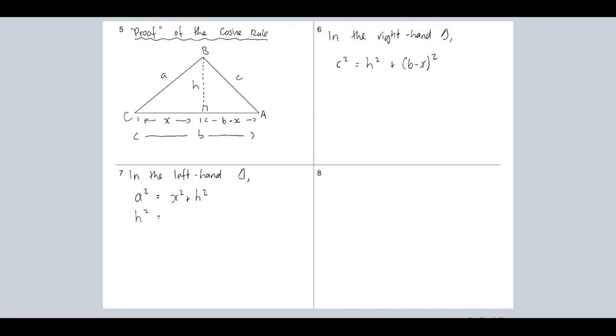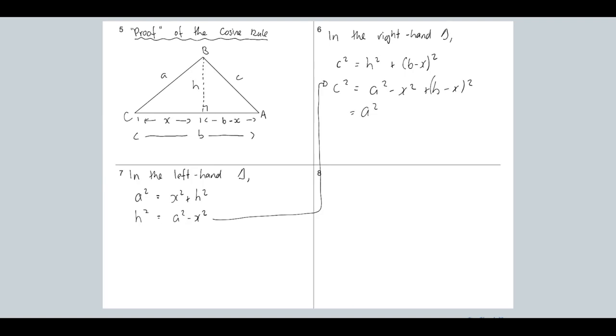So h squared is equal to a squared minus x squared. That means c squared equals (a squared minus x squared) plus (b minus x) all squared. Yeah? So I've just replaced h squared with a squared minus x squared.